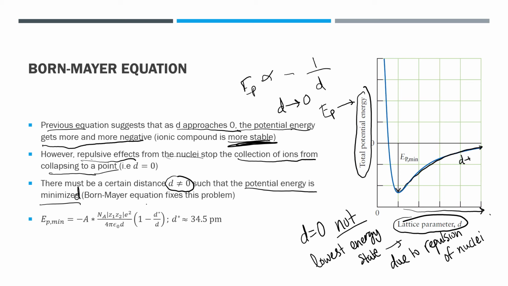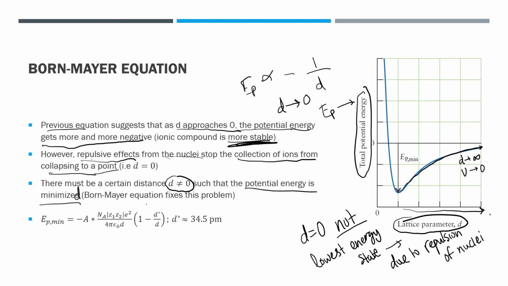So as D approaches infinity, we have our potential energy U approaching 0. That's because when the distance between the ions is farther and farther apart, there's basically no interaction between the ions when you pull them all the way apart, when you make D really, really large.